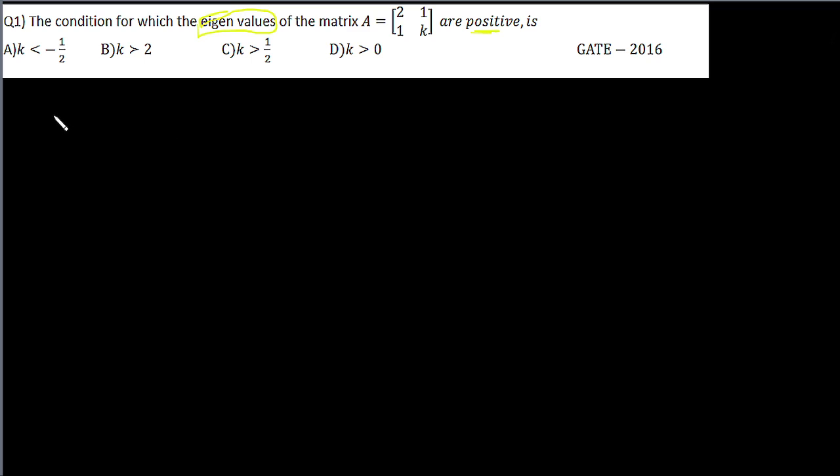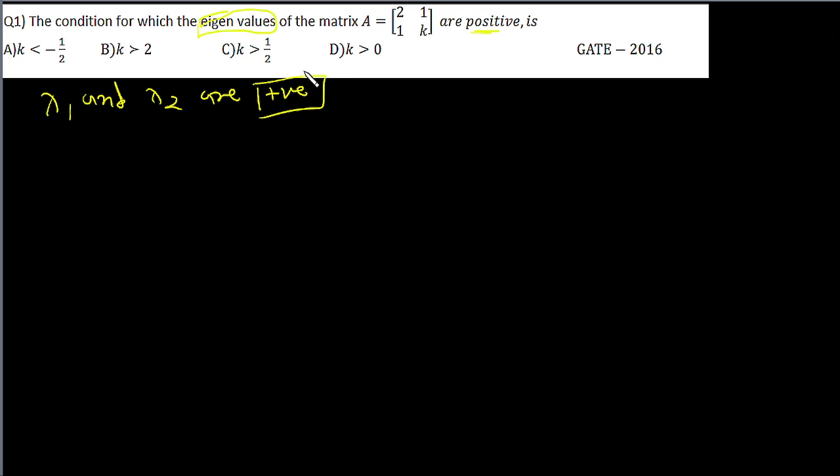So let's assume lambda 1 and lambda 2 are the eigenvalues of this 2 cross 2 matrix A, and both are positive.